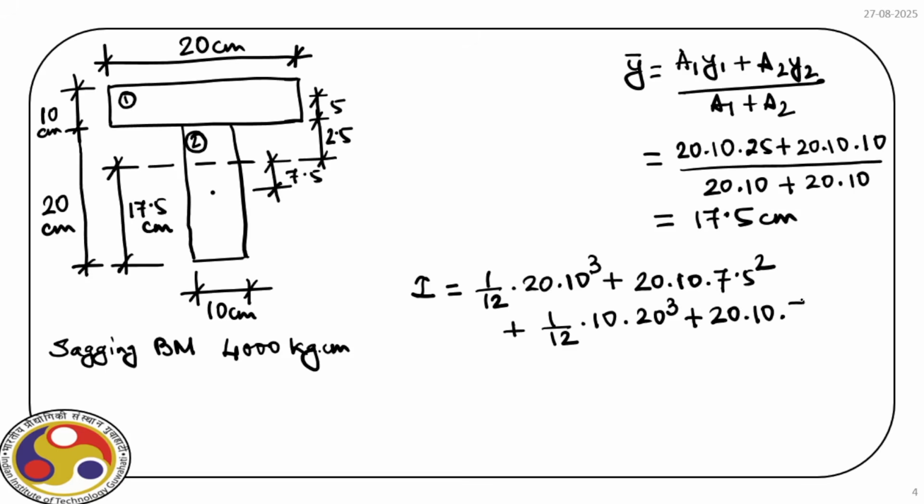So again we have 7.5 square. Now if you solve this, you get centimeter to the power.